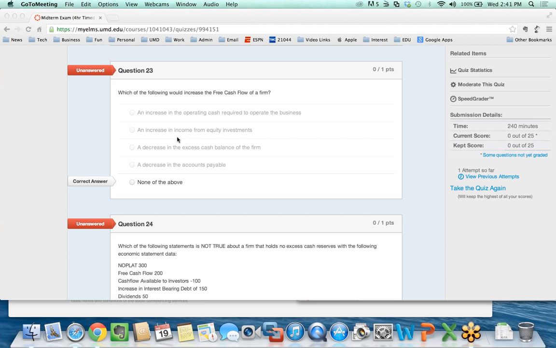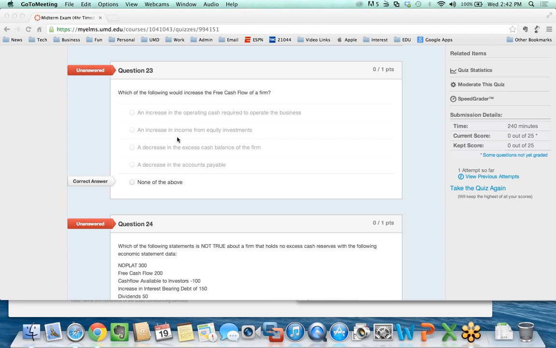Not a correct answer. If we increase equity investments, that is non-operating and has no impact whatsoever on free cash flow. So that one doesn't apply. If we change the excess cash balance of the firm, that is non-operating, and has no impact on the free cash flow of the firm. So really it just becomes, you can eliminate the middle two very easily, is the final one correct?